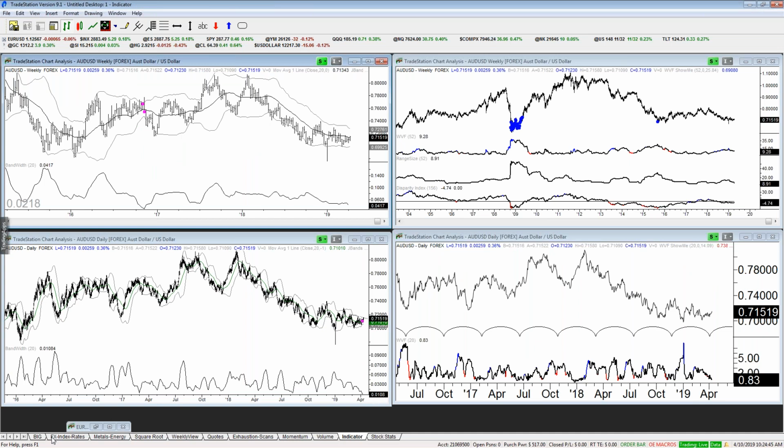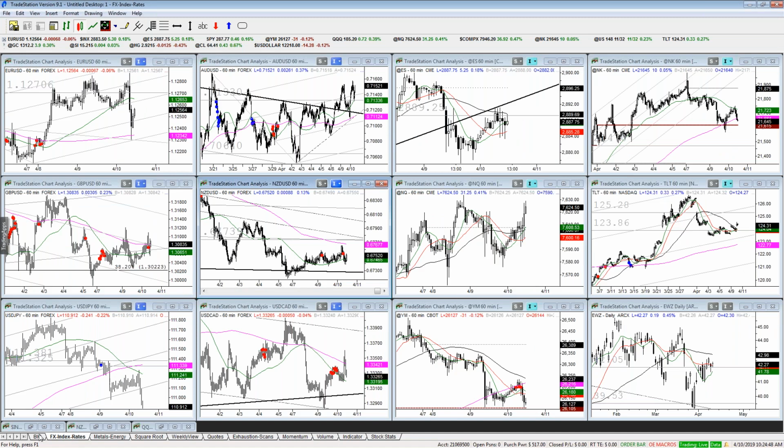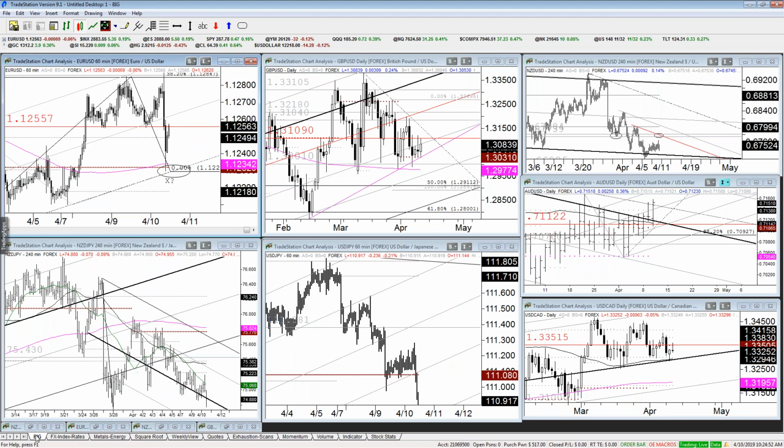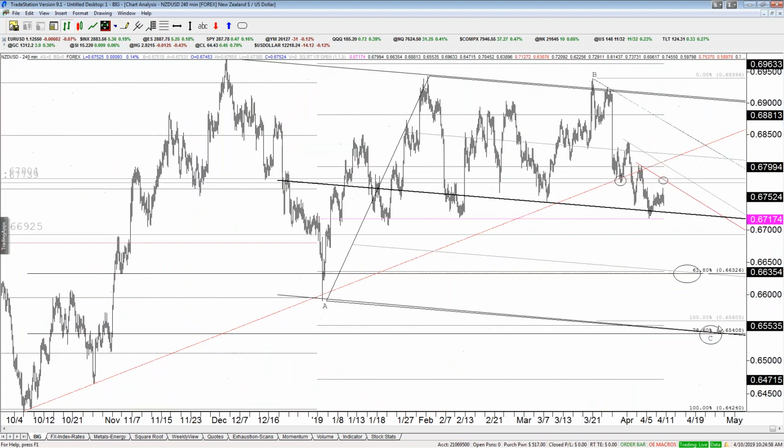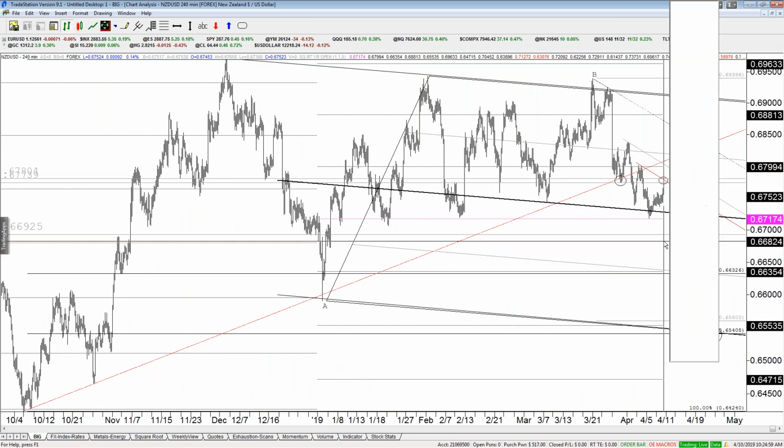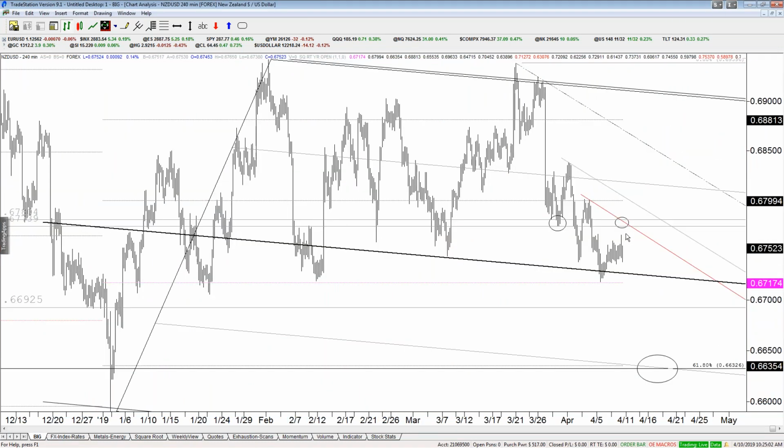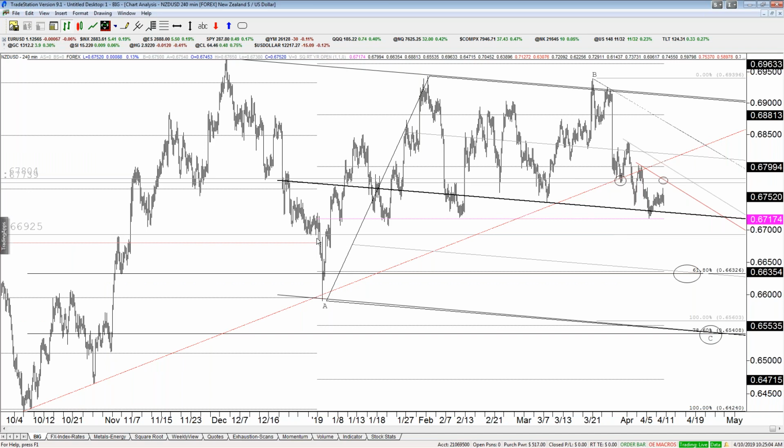All right, let's go to the New Zealand dollar. Kiwi, I'm still kind of looking the other way, to the downside, right? Nothing's changed here. I tried to put it in real simple terms in last night's post, because essentially, the October trend line off the October lows, let's be real simple about this.